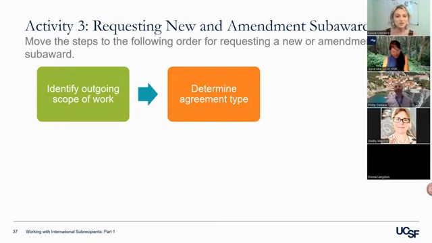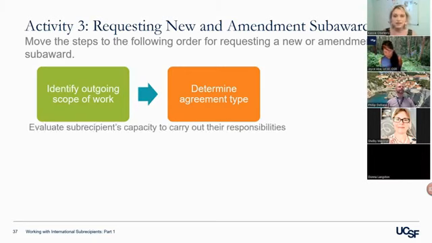But then we would be determining the agreement type. And during these two steps in between, the PI would be thinking about the subrecipient's capacity to carry out their responsibilities. It's really dependent on their scope as well as the agreement type. If it's a subaward, for example, are they able to comply with the flow down terms and conditions from our prime sponsor?